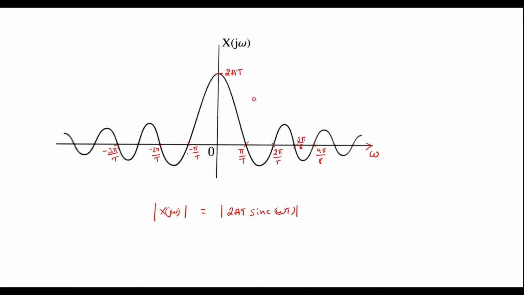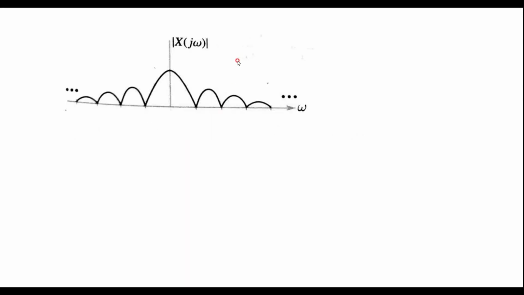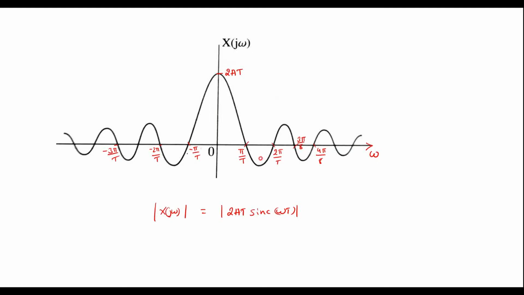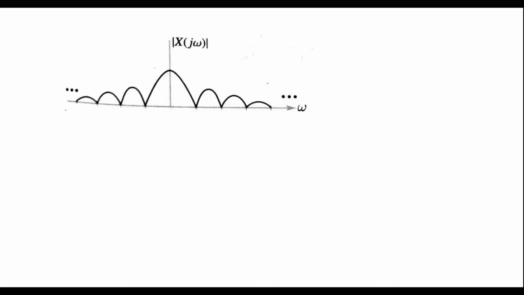If we take the magnitude of this X(jω), we can get the graph that looks like this. All the side lobes which are negative values will appear on the positive side. So the magnitude spectrum of this X(jω) looks like this.